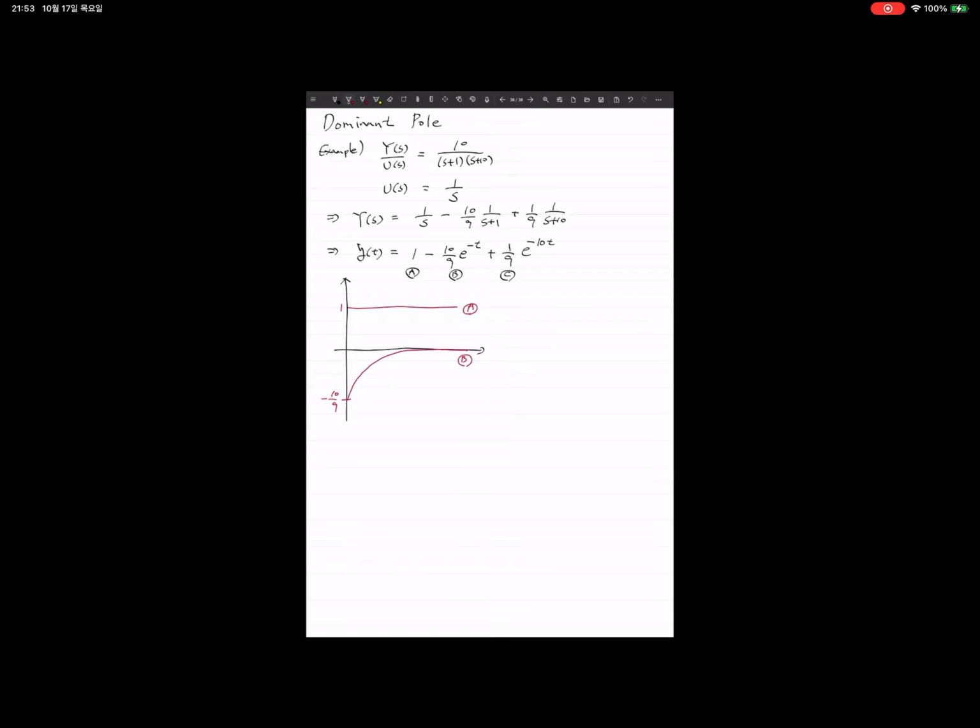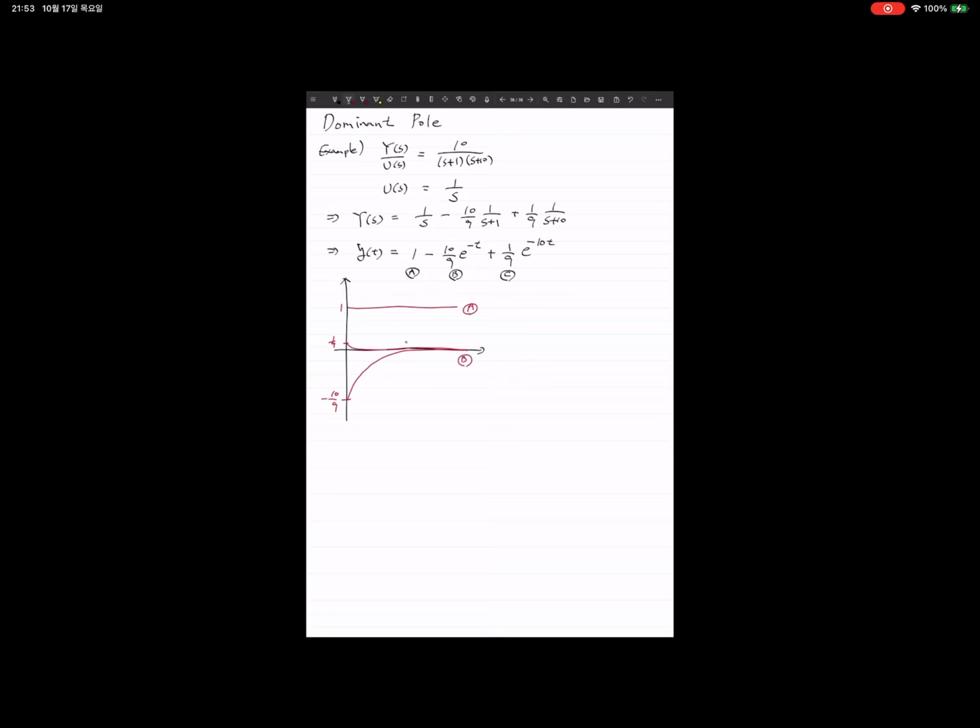And we have another response, which is C, from 1 over 9 when time is equal to 0, and then it converges to 0 very quickly because it's e to the minus 10 t.